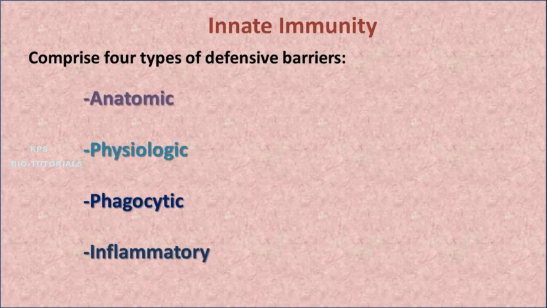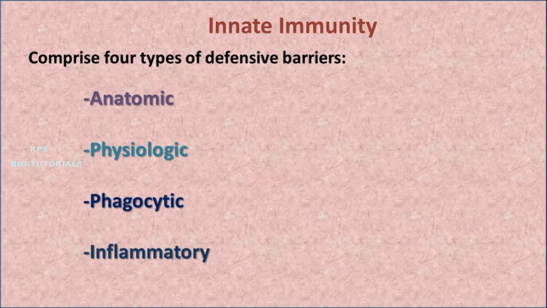It may act as a barrier against the entry of pathogens. So it produces a generalized defensive mechanism against all types of pathogens. So it is not specific. Also, this innate immunity will not produce any memory of immune response. So these are the features of innate immunity.